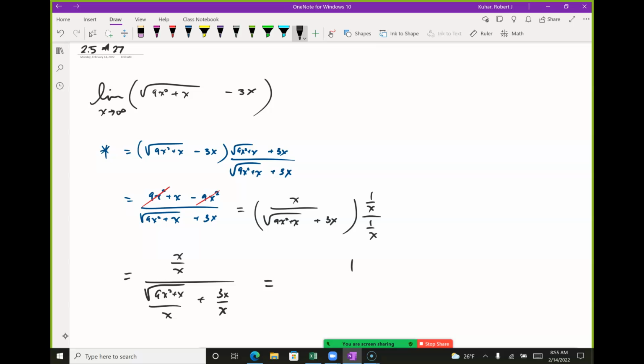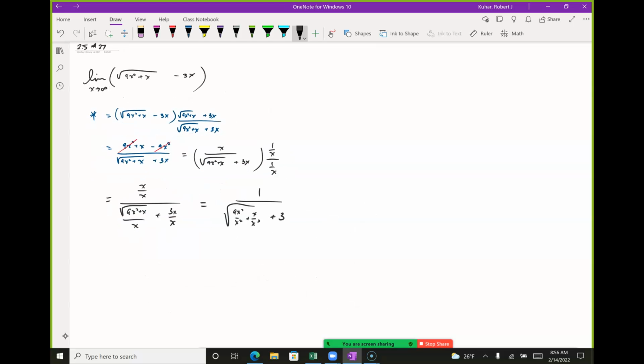Make sure you agree with me on that. So I get 1 plus square root of 9x squared over x squared plus x over x squared plus 3. The x over x simplified to 1, 3x over x simplified to 3. I took the x and moved it into the radical, it became an x squared, right? Square root of x squared is x.